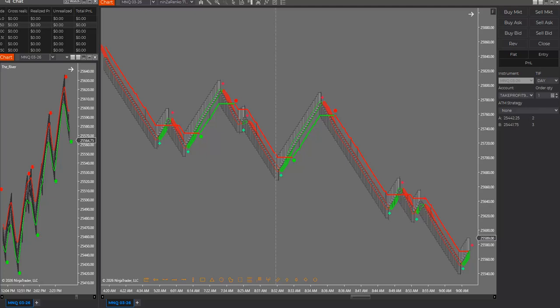So for me, not what you should be doing to start, if I'm going for 700 a day on 150K accounts, I don't mind for myself personally risking 900 on a daily loss limit. And that might be trading 4 to 5 MNQs.